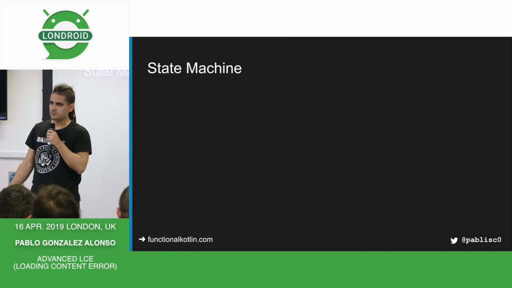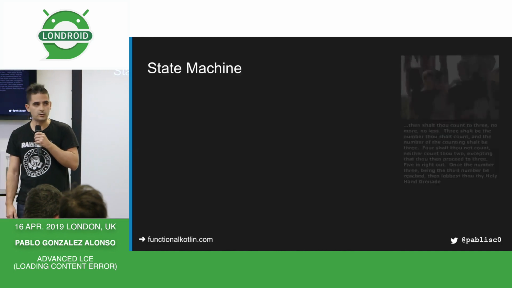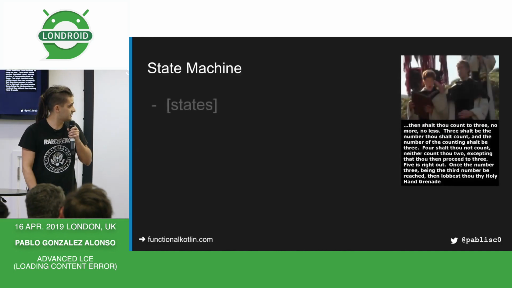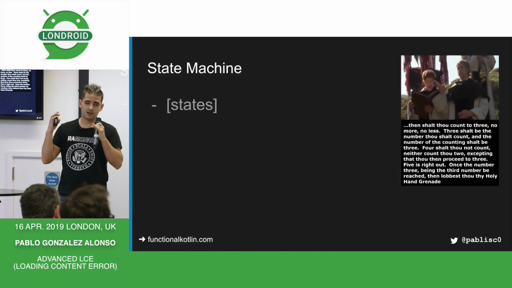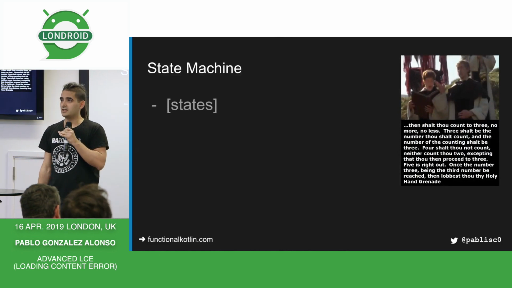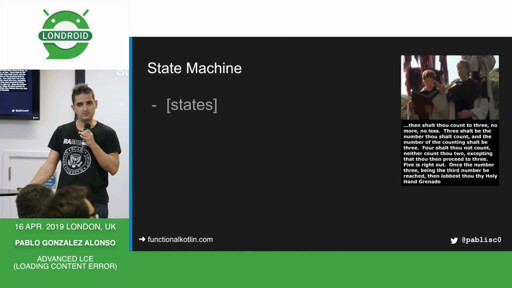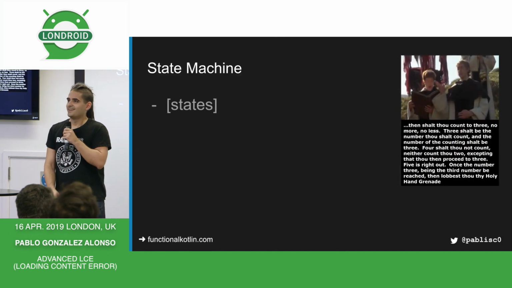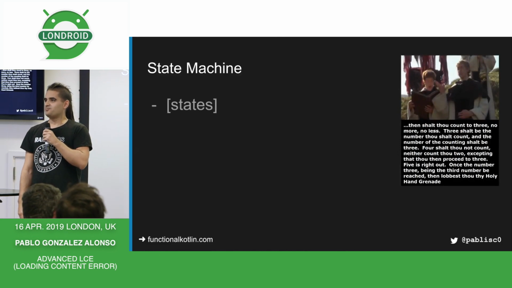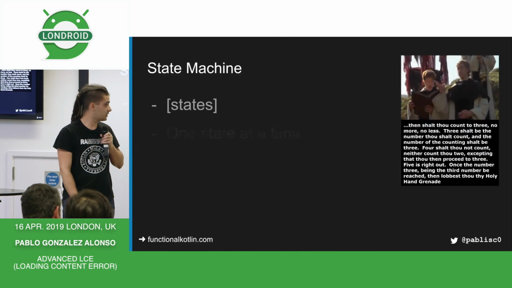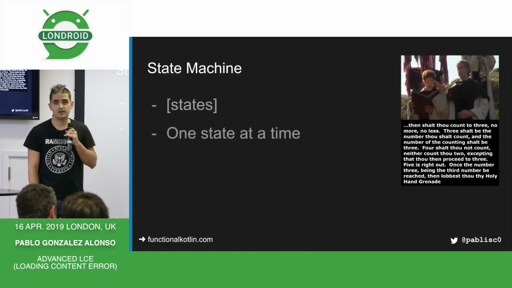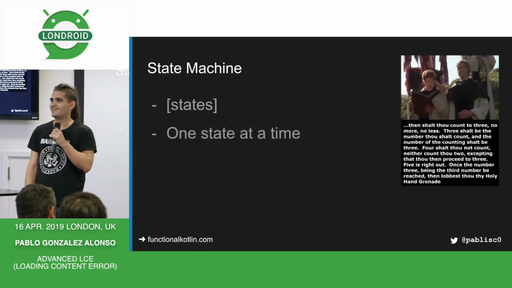There are a few properties of a state machine that we need to take into account. One of them is that you have a closed set of states. So if it's 3, it's not 2, it's not 4, and definitely not 5. You only have one state at a time, ideally.